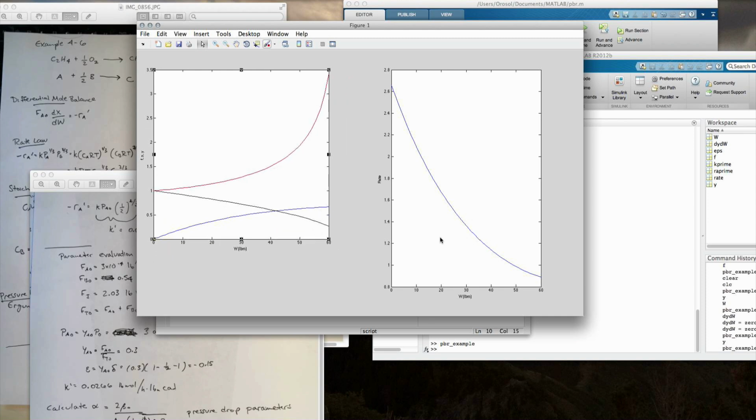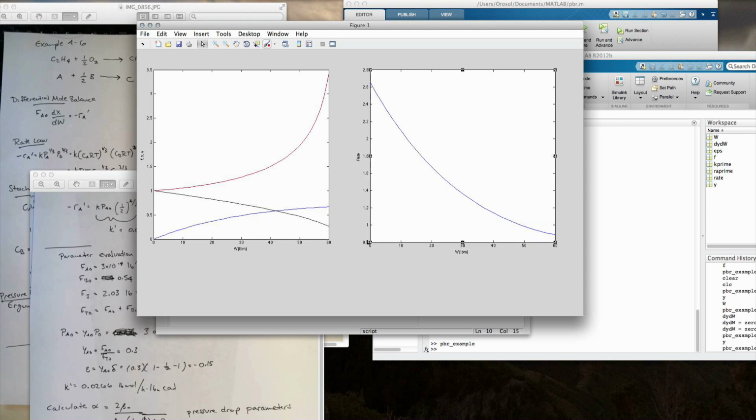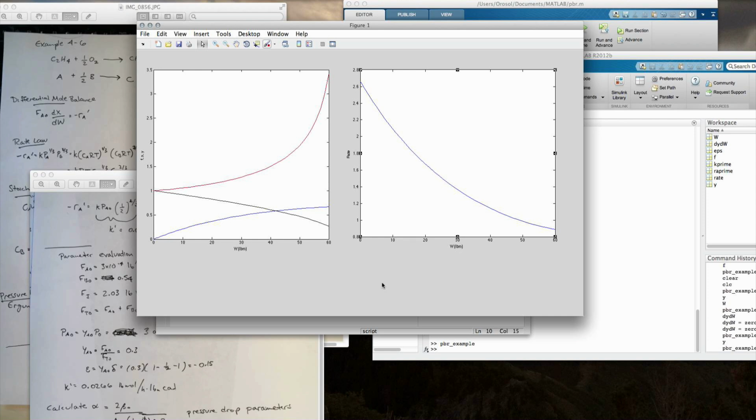And same thing with this one. And then you can also, like I'm going to add a legend to this because I have 3 different lines. So, insert legend.